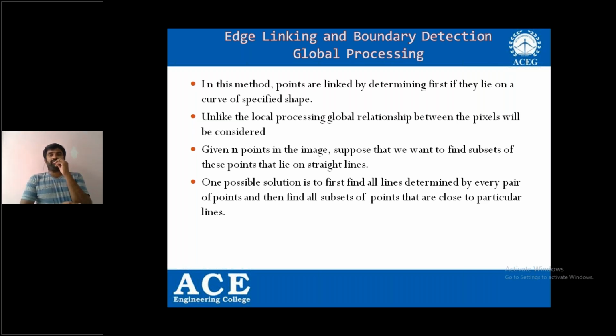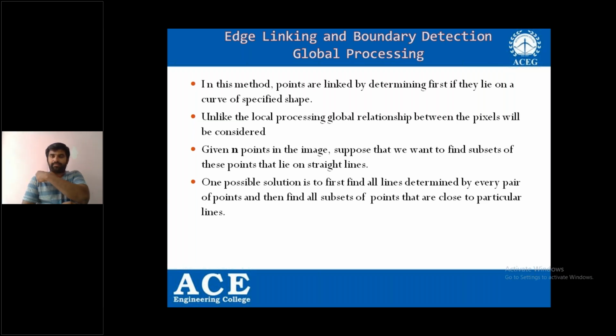For example, I have n points in the image. And in the image, if I have endpoints, suppose that we want to find subsets of these points that lie on a straight line. I have one pixel here, out of the endpoints, and I would like to identify the pixels similar to this pixel. Maybe this point, or right side of this, or left side of this, or below this, or above this, anywhere it may be.